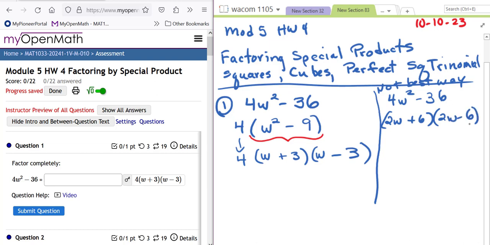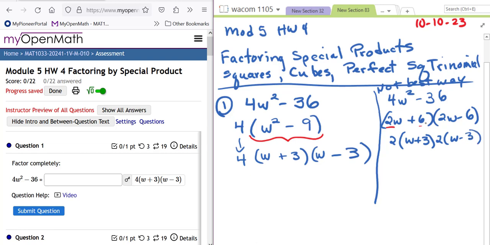If you check it, it's going to work. The problem is it's not factored completely. It leaves a common factor in the parentheses. So now you would have to take out a GCF, which is a 2, and that leaves w plus 3. This one also has a 2, and that leaves w minus 3.